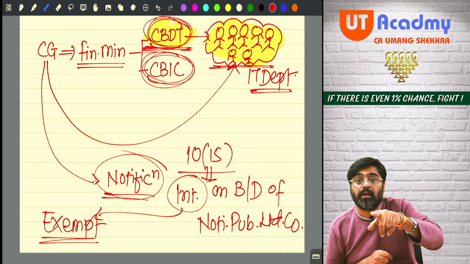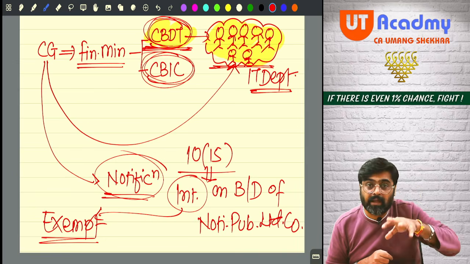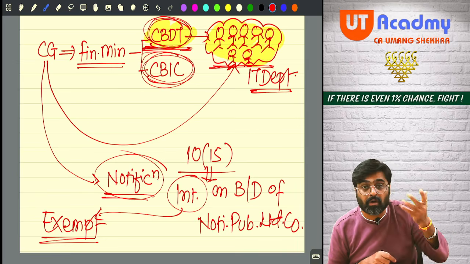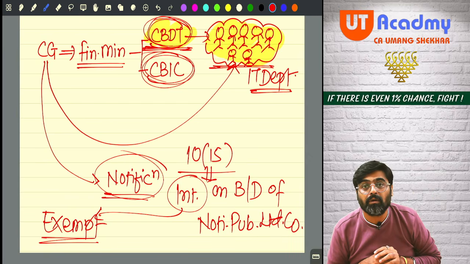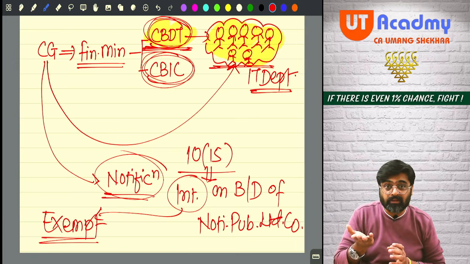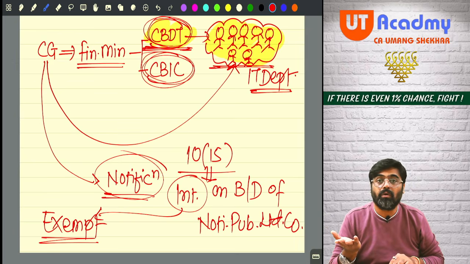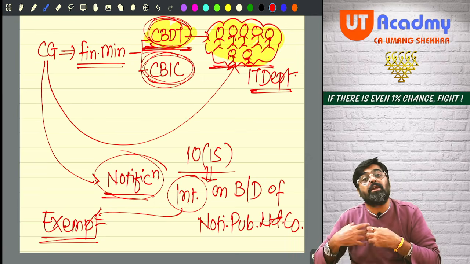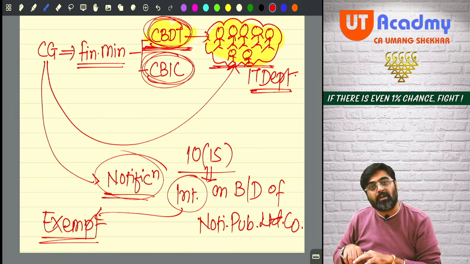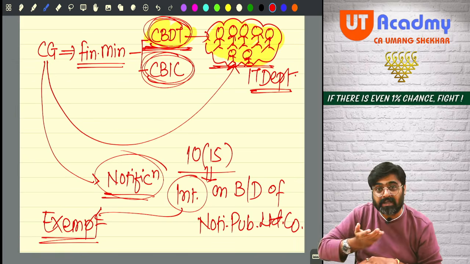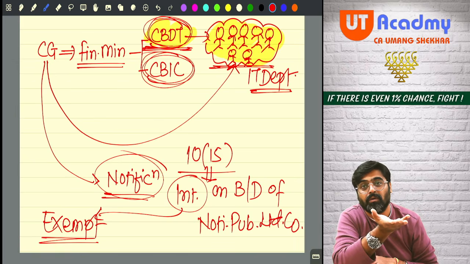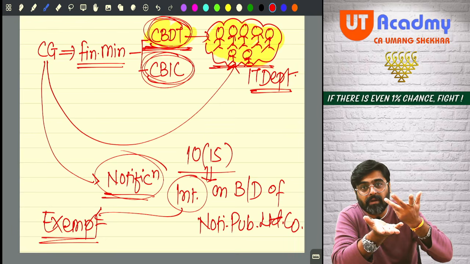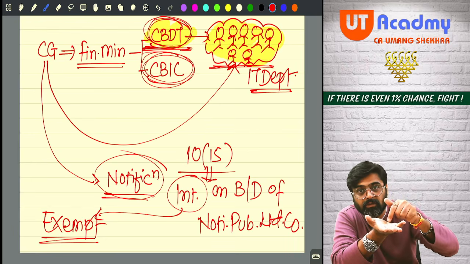Rather, you are liable to pay only 10 lakhs, or no tax at all, because your interpretation of the law says so. But he is not listening to you. He has tried to talk to you, you have tried to convince him, but he has passed a demand notice against you. Now, are you aggrieved? That means, are you suffering from this order?